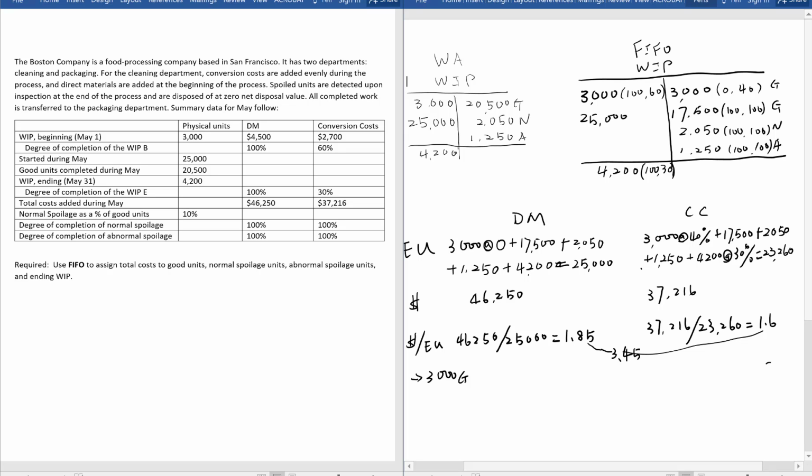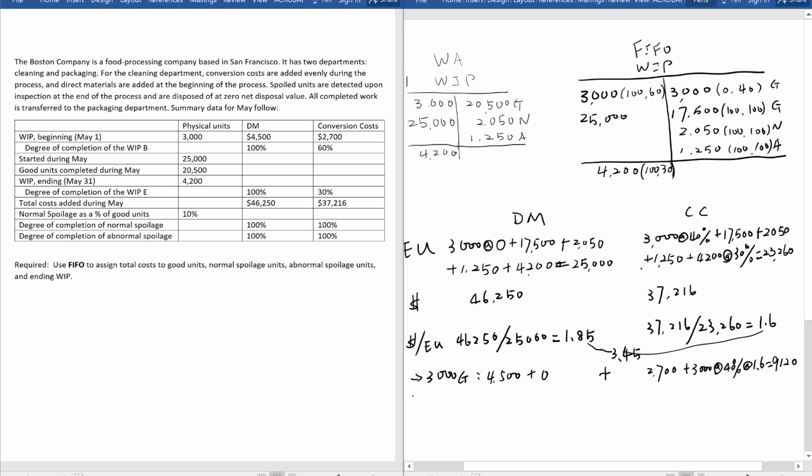Costs assigned to the 3,000 good units are beginning direct materials 4,500 plus zero materials needed in May, plus beginning conversion cost 2,700, plus conversion cost used in May, 3,000 times 40% times 1.6, equal to 9,120.